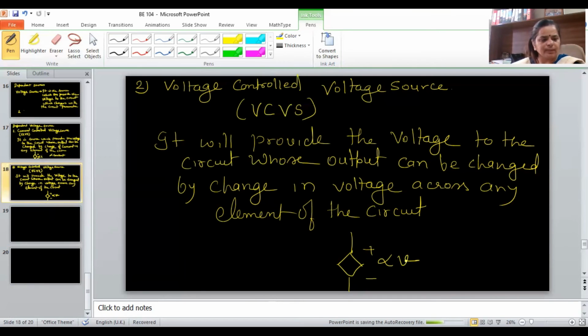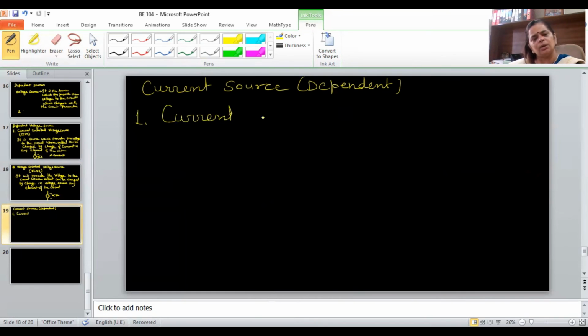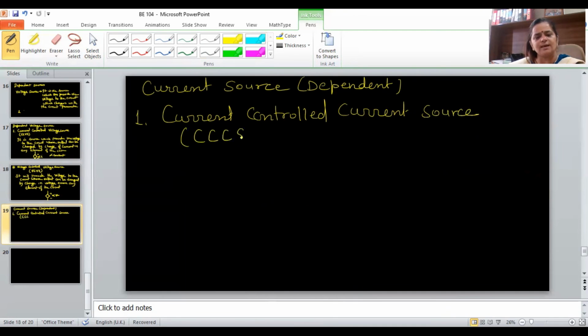Now the next is the current source. Which current source? Dependent type. Again two types. One is called the current controlled current source, that is CCCS.